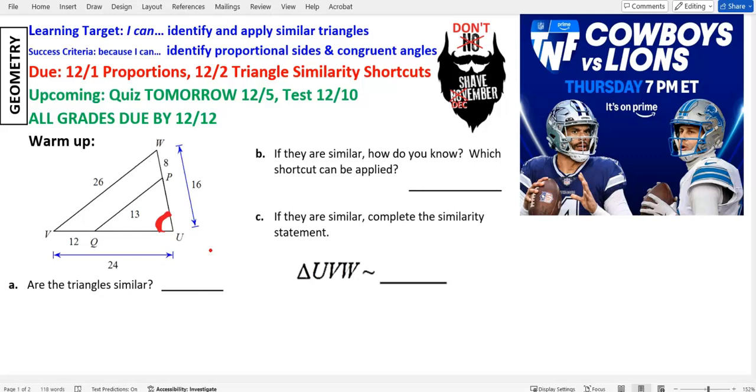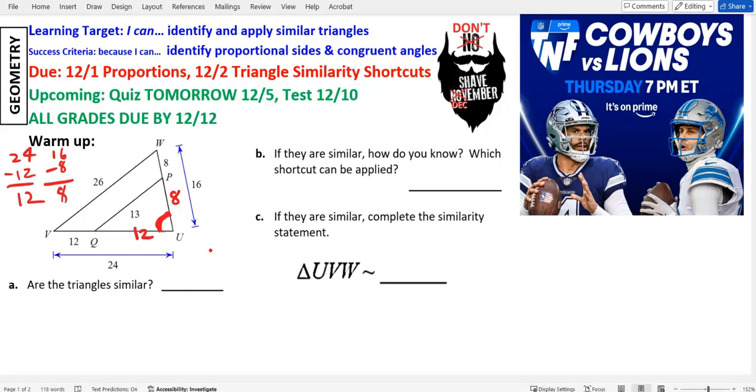If the whole thing is 24 and this little piece is 12, how do I find this piece right here? 24, the whole thing, take away 12, gives me 12. This little piece is 12. Similarly, right here, the whole thing is 16. This little piece is 8. 16 minus 8. So this is also 8.